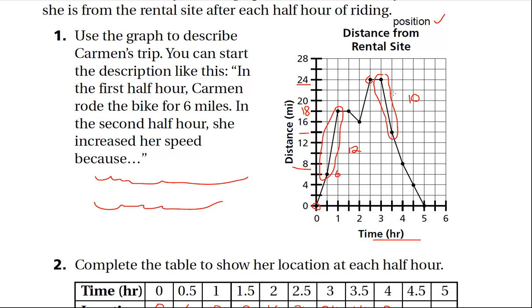Now remember, it doesn't matter which way she's going, whether she's going away from the rental site or coming back to the rental site. We're just comparing distance over time. So she traveled 12 miles in that half hour, so the correct answer would be between a half hour and 1 hour.